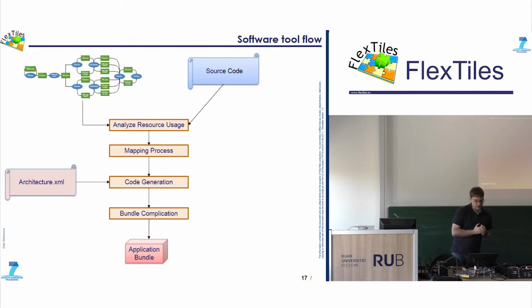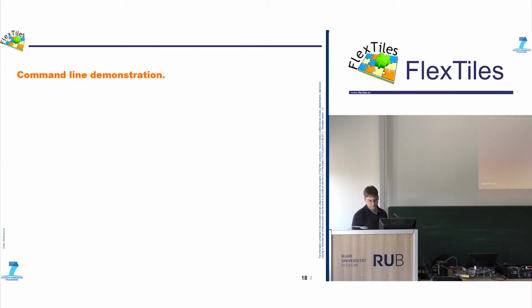Then once we've done this, we're going to ask the tools, okay, come up with a mapping, an idea of how the application should be mapped onto the actual resources. Once this is done, we generate some code. This code can then be compiled into one of these application bundles. I will now show a very quick command line demonstration showing this process.